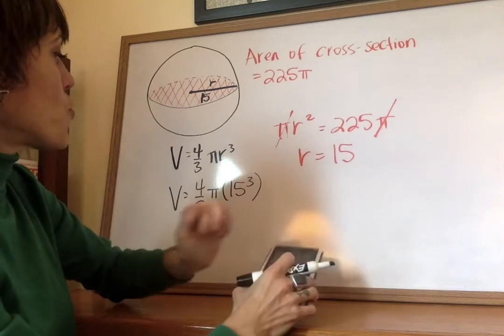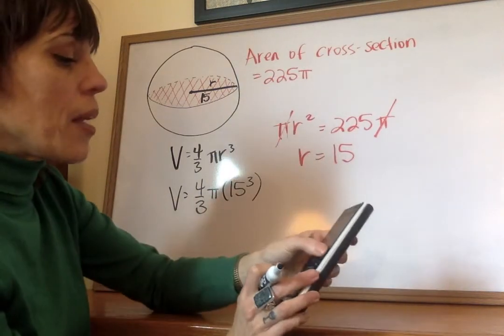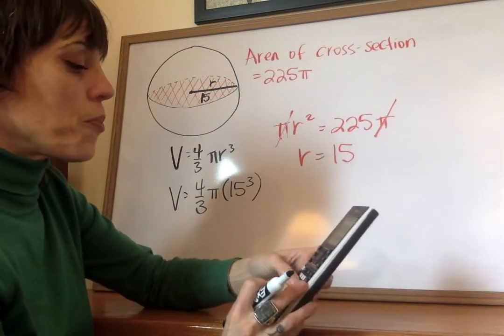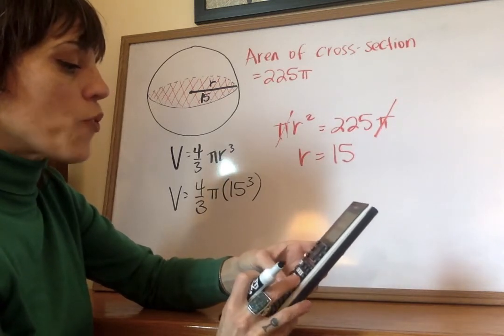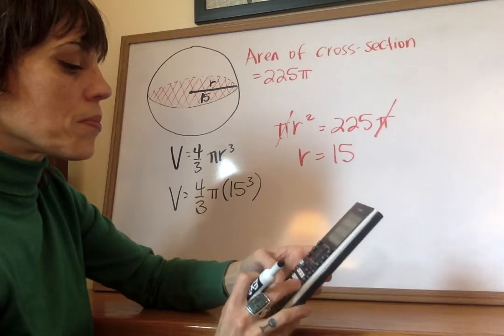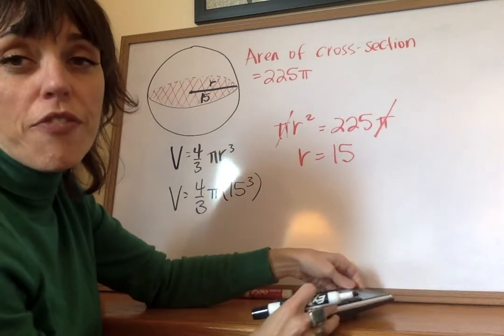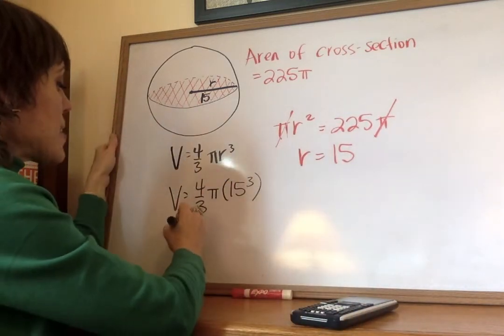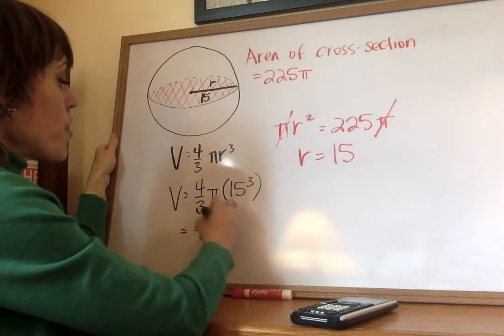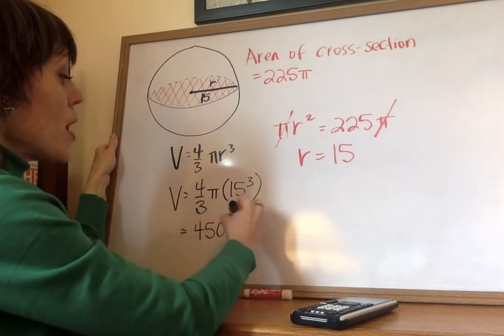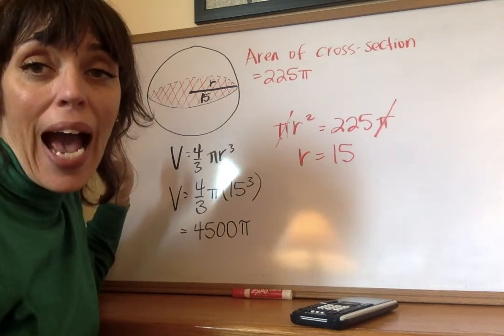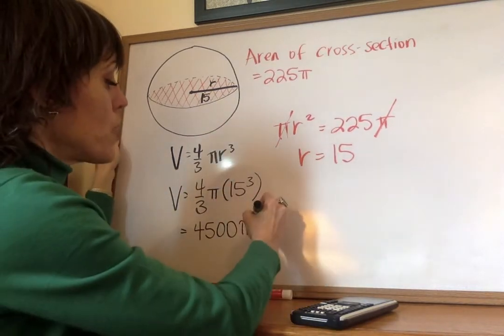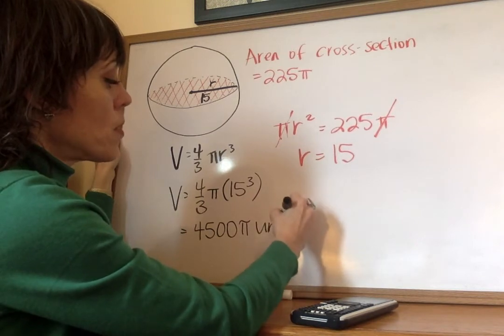So I'm just going to go to my calculator, and I'm going to do 15 cubed times 4/3, and I get 4,500. So my exact answer is going to be 4,500 pi.